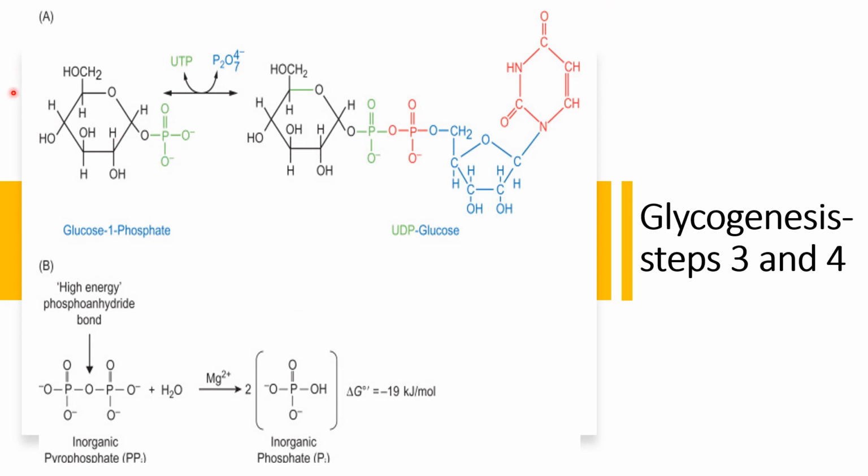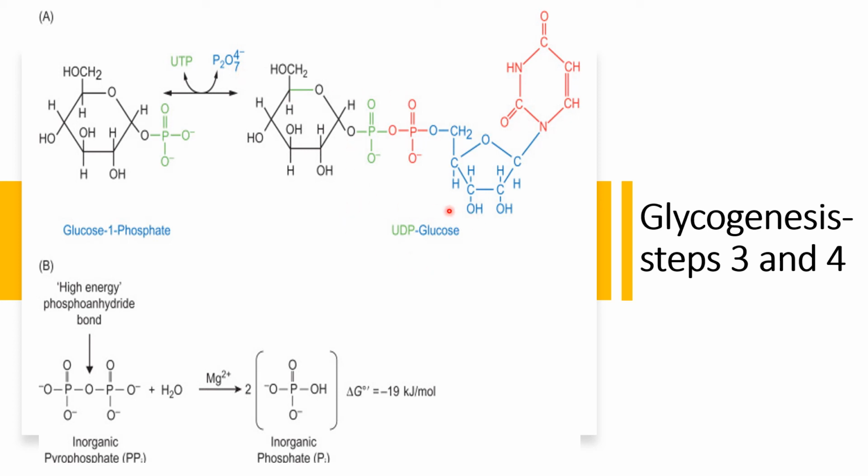In the next step, glucose 1-phosphate needs to be activated because by itself glucose 1-phosphate cannot simply be added onto the growing glycogen chain because it's not active enough. So we have to make it much more reactive. So we attach another phosphoryl group as well as a uridine molecule, or UDP, to create UDP glucose.